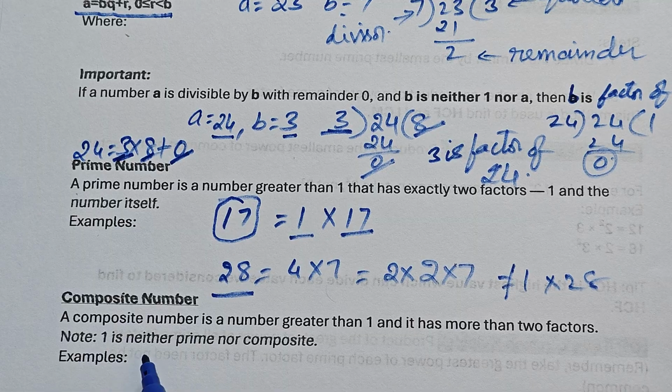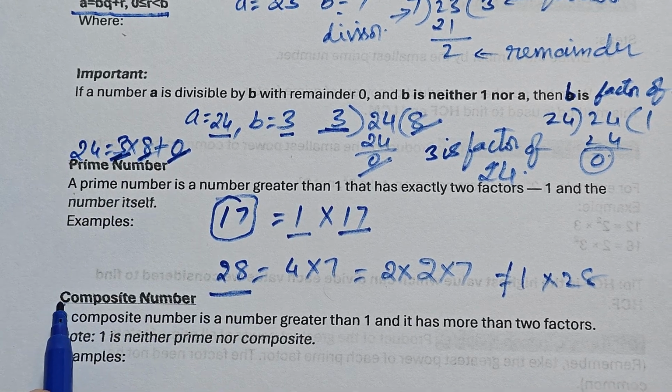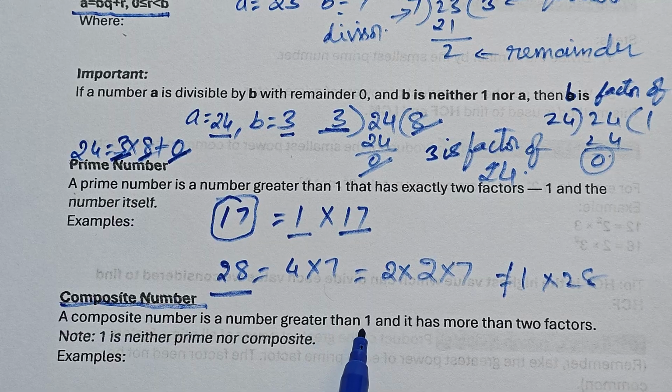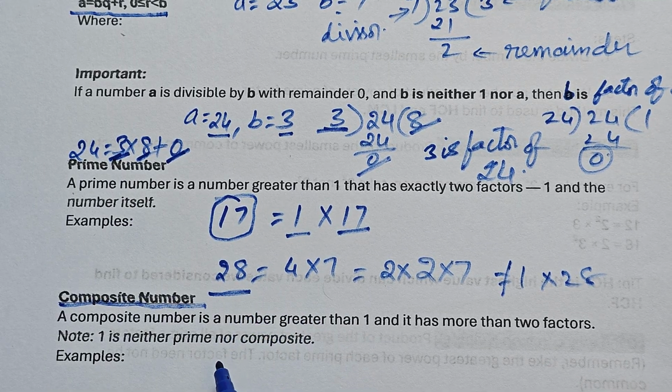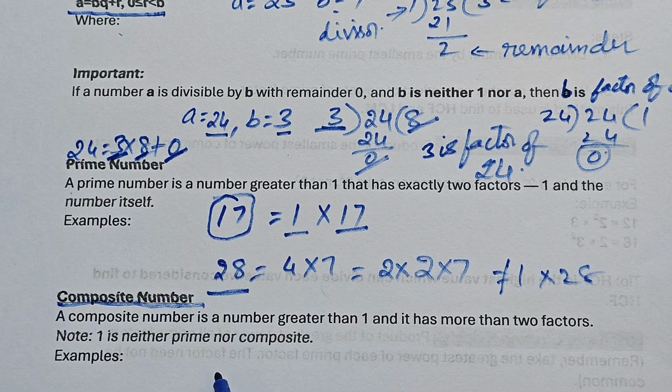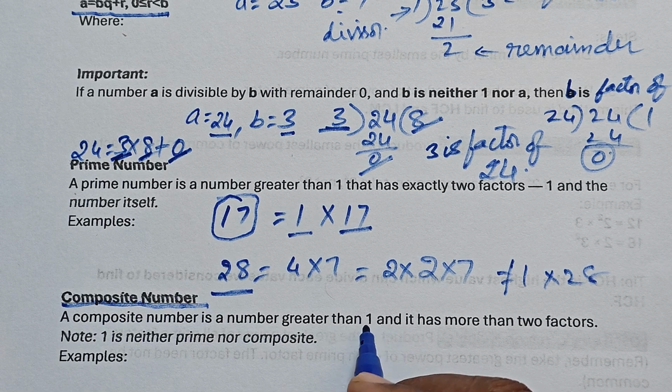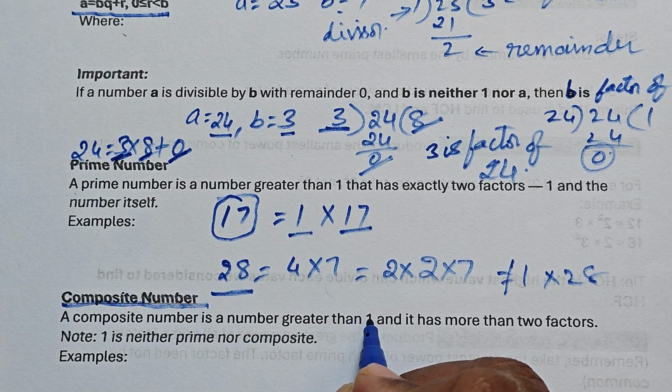composite numbers. If you look at the definition, a composite number is a number greater than 1. Remember, we are dealing in the real number system with non-zero numbers and generally positive numbers. And we know that 1 is not a prime.